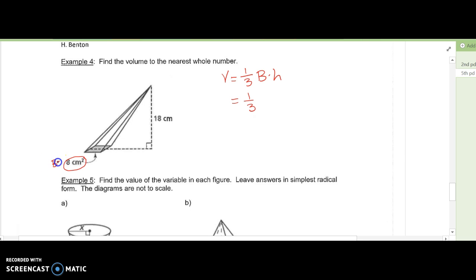So this is my big B, friends, and this is my height, the 18. So all I have to do is enter in 1 divided by 3 times 8 times 18, which is 48 centimeters cubed.